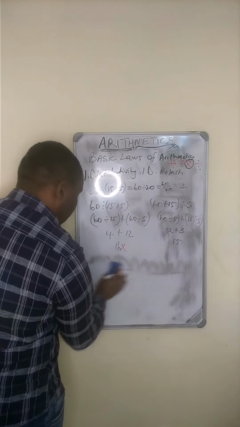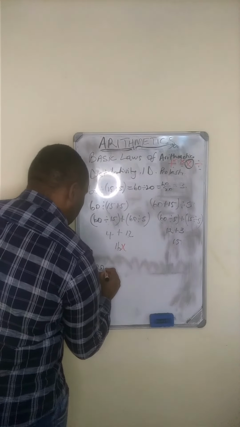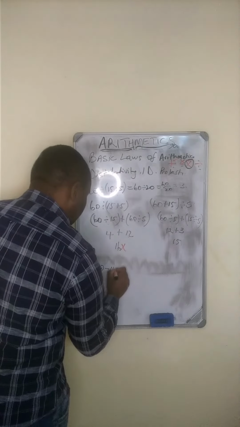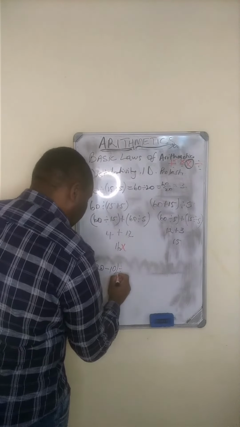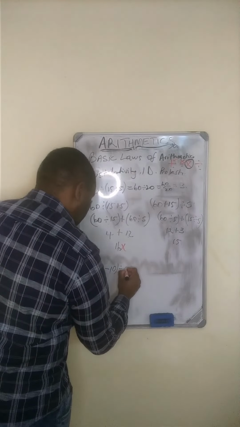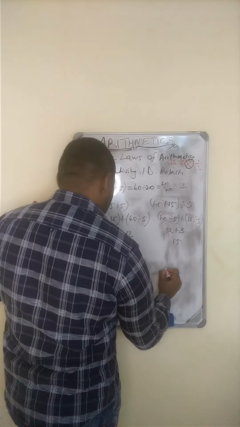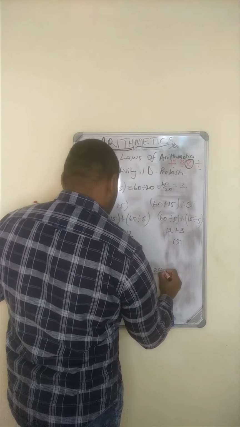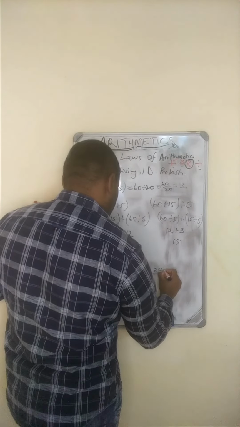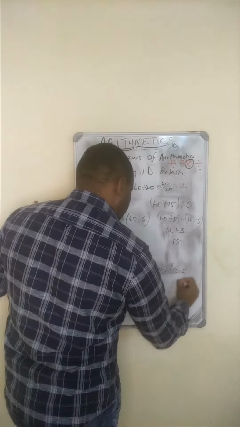Sorry, I want us to try something else and say 20 minus 10 divided by 5, and here we say 20 divided by 10 minus 5.